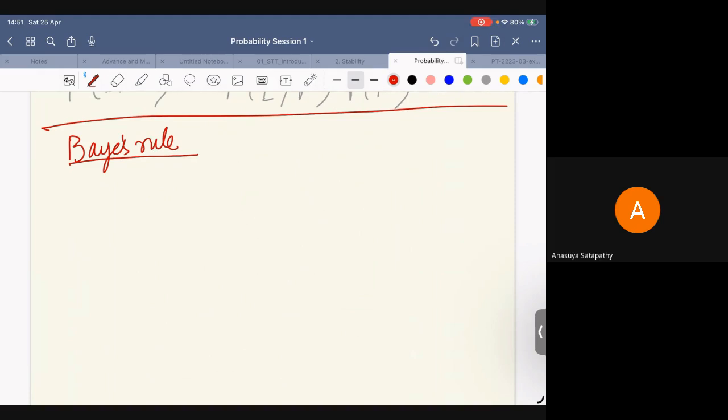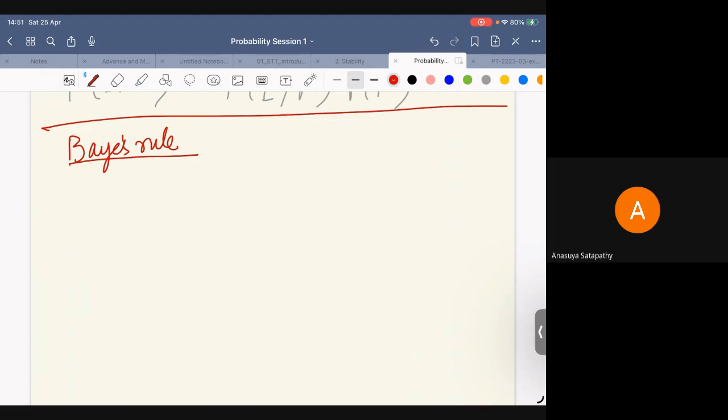What is the probability of getting a red ball given that the second ball is a red ball? Like a continuous, chain kind of thing. What is the probability of getting the third ball given that the second ball is red? So it's like a chain. Whenever there are a lot of outcomes or events to find out, there we apply Bayes rule.